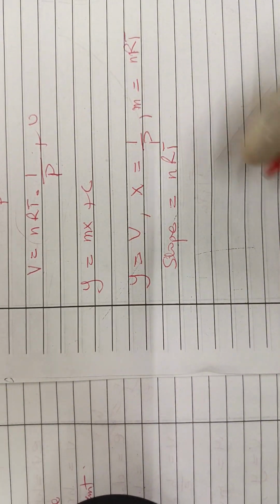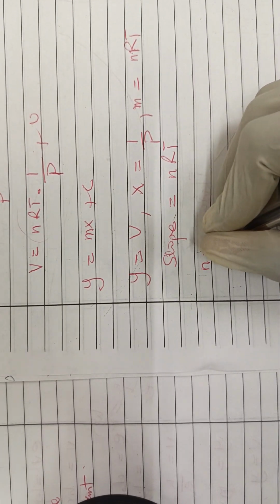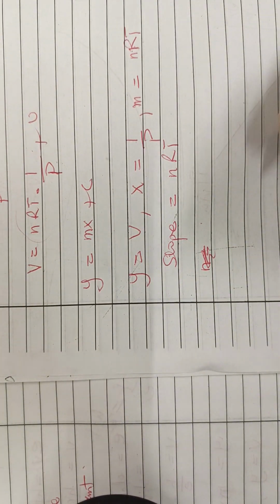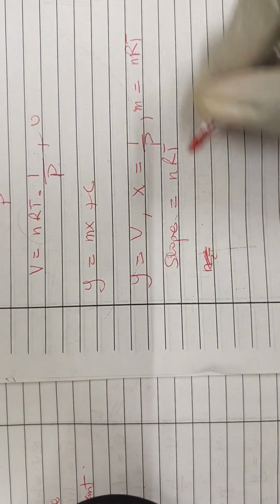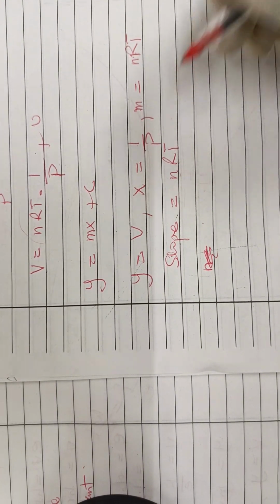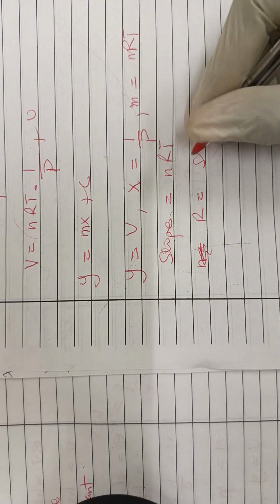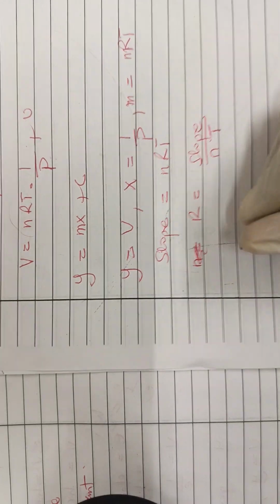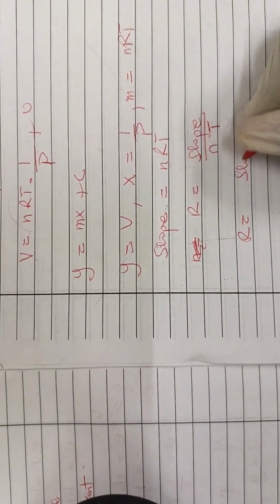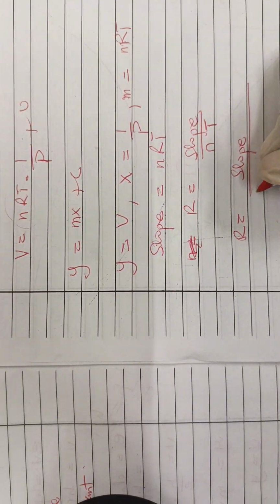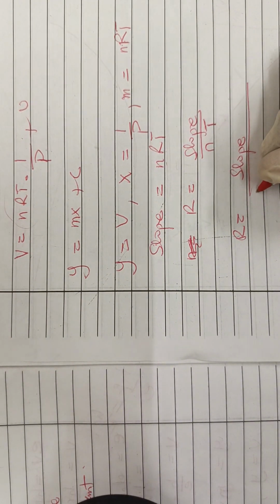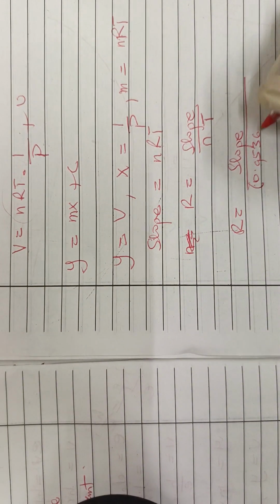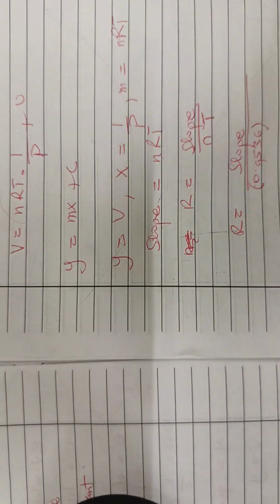Okay, so let's make R the subject first before we put in the values. We are interested in finding R, so we can just divide this side by this and this, so that R stands alone. So our R now becomes our slope on n and then T. So our R becomes the value of our slope on n, which they said we should use, the value of n is 0.9536, right?